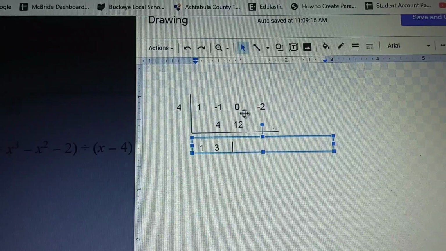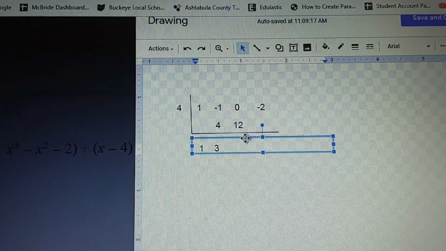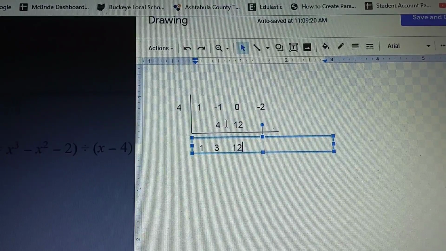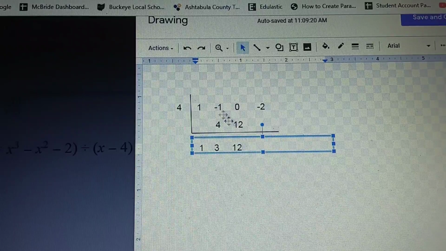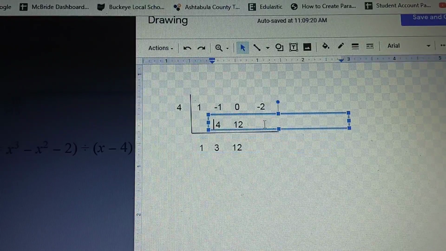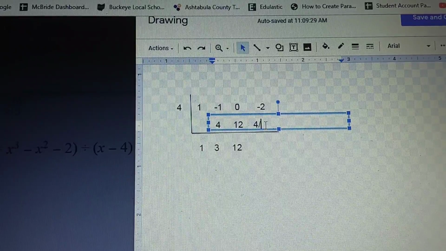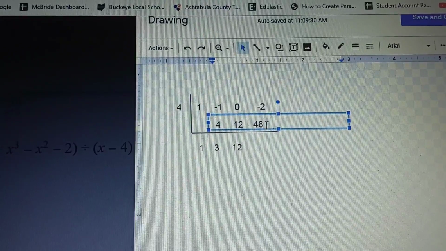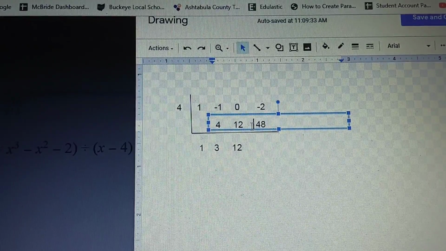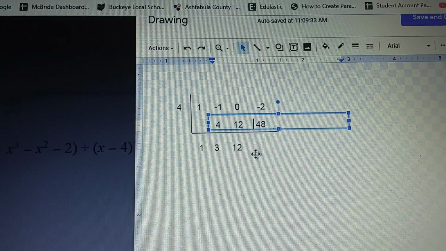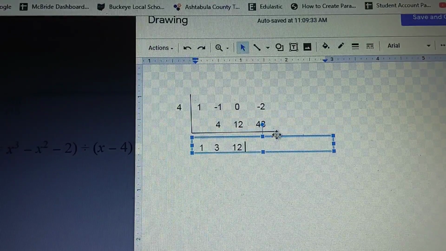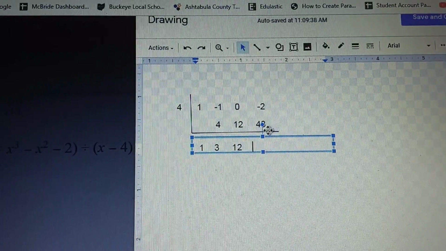Now, 0 plus 12 is 12. And then I've got to do 12 times 4 is 48. And then down here, negative 2 plus 48 is 46.